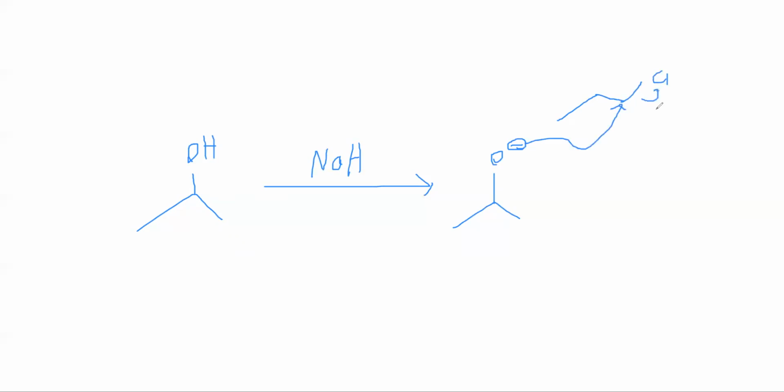And that, again, is just an SN2 reaction, and that will form an ether. And this kind of thing where you're doing an SN2 reaction to form an ether is called Williamson ether synthesis. So that's a way to form ethers, and that's how alcohols can indirectly act as nucleophiles.